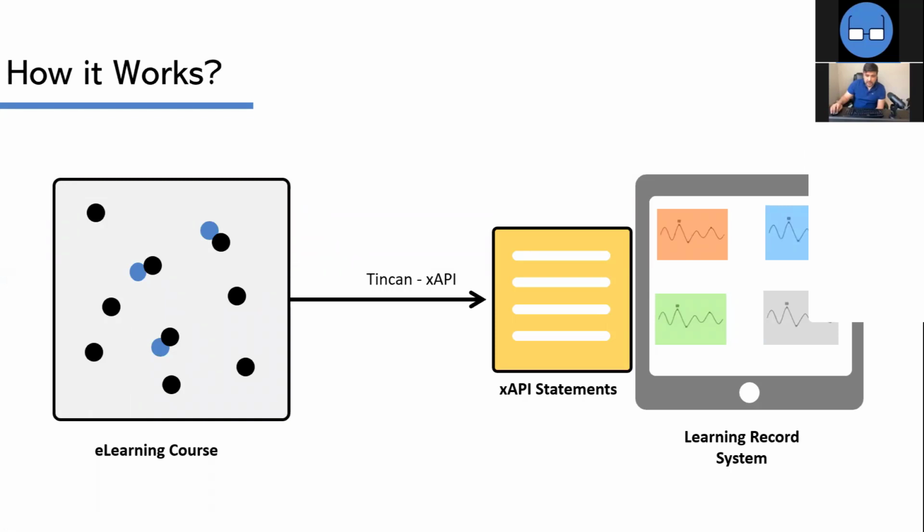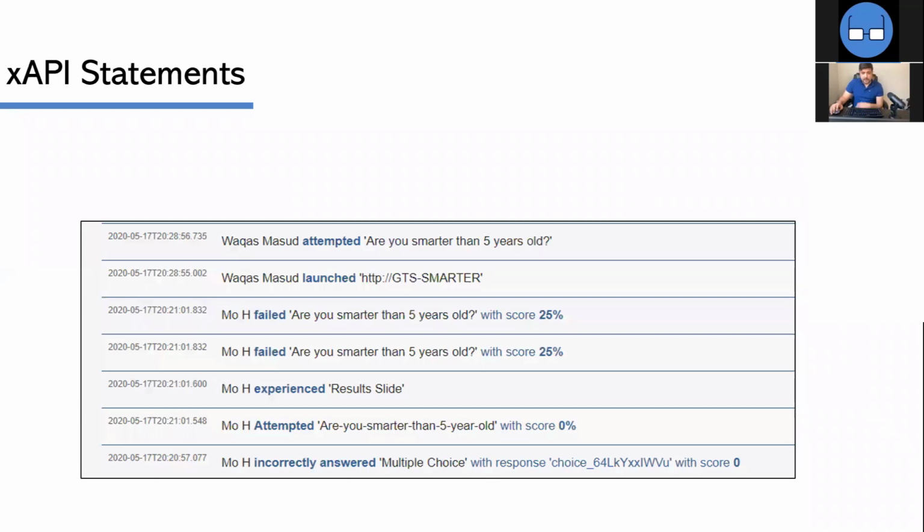So let's talk about xAPI statements a little bit, right? I will not go into the details of xAPI statements, but I will show you how they look. This is a demo, a prototype of the xAPI statements. Whenever you publish the course as xAPI and upload it somewhere, like any aggregator that you have or an LRS, this is what you see.